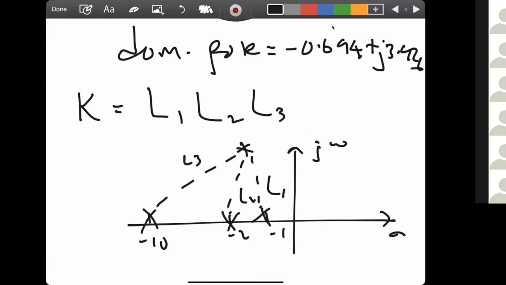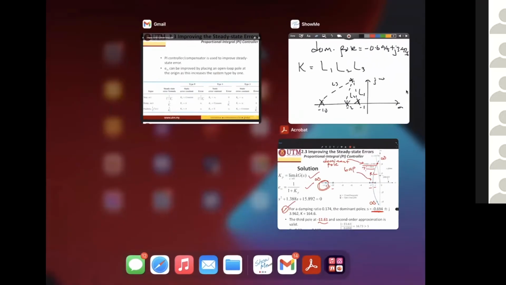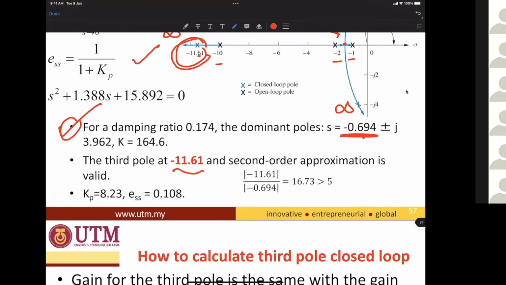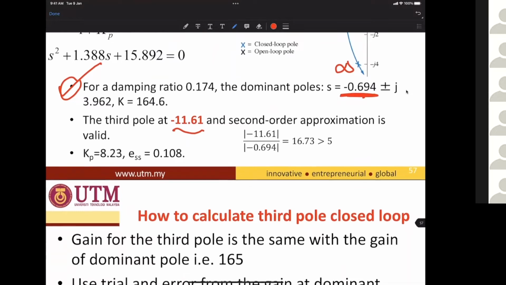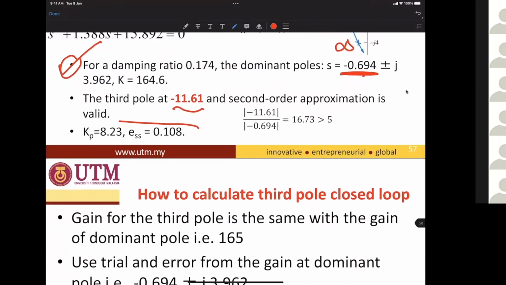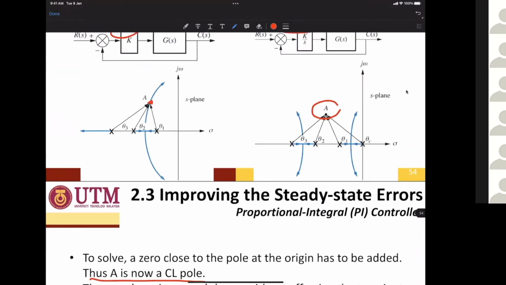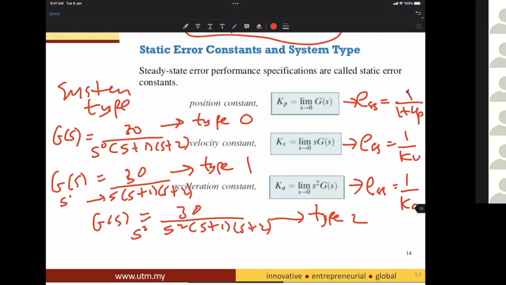Jadi kalau dah tu, kita balik pada slide. Okay. Dan KP-nya adalah 8.23 sama dengan ISS 1.08. So macam mana dapat ni? Di formula KP apa? Formula KP adalah, kita tengok balik, limit SGS S towards kosong.